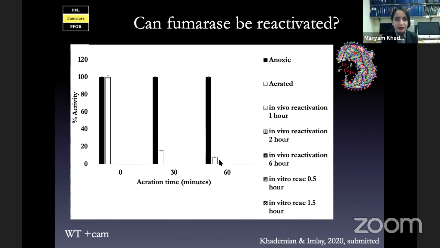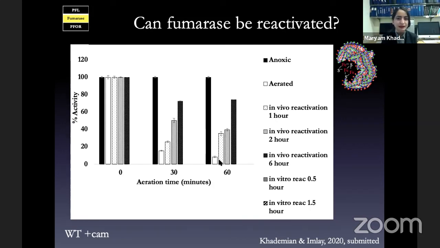Now, if I take these cells and put them back in the anaerobic chamber, and change the media to anaerobic media, and I wait for 1 hour, 2 hours, and 6 hours, you can see that the activity of fumarase gradually resumes as it goes up, which means that the cell is able to put that iron back in here. Okay, so this whole enzyme can be active again.